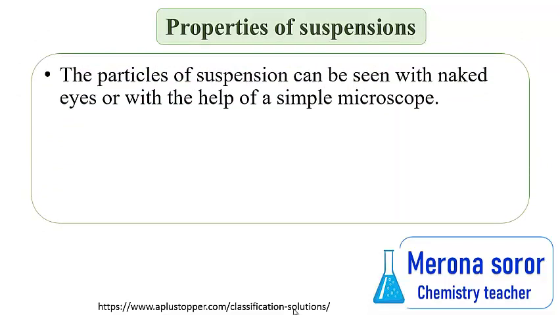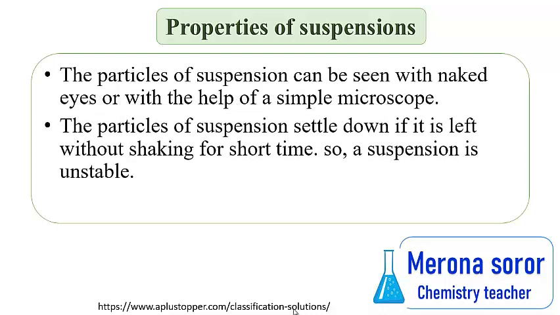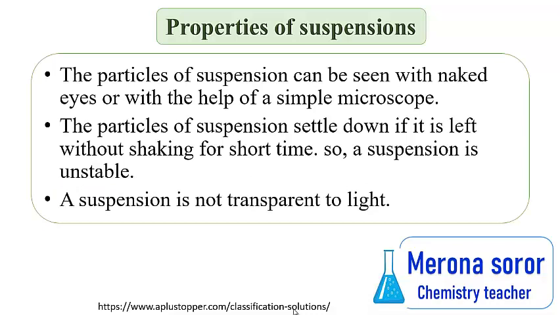The particles of a suspension can be seen with the naked eye or with the help of a simple microscope. The particles of a suspension settle down if left without shaking for a short time, so a suspension is unstable. A suspension is not transparent to light.